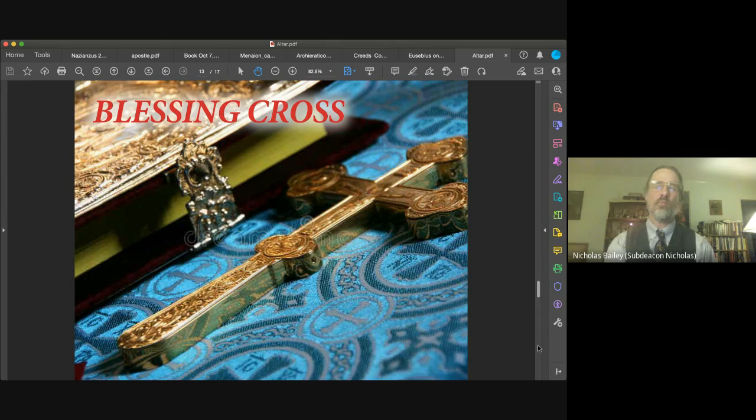To the right of the gospel is the blessing cross that the priest brings out. Father Basil has told me that when he is ordained, he is married to the altar.